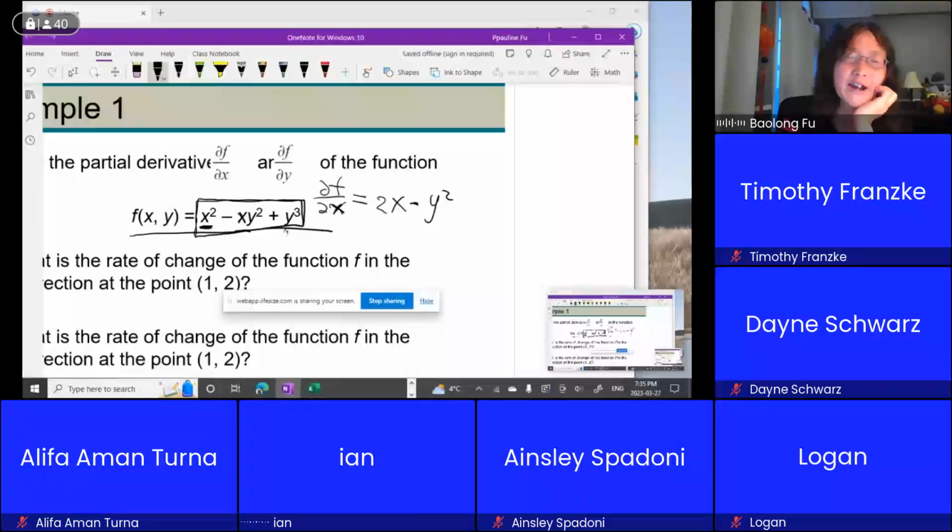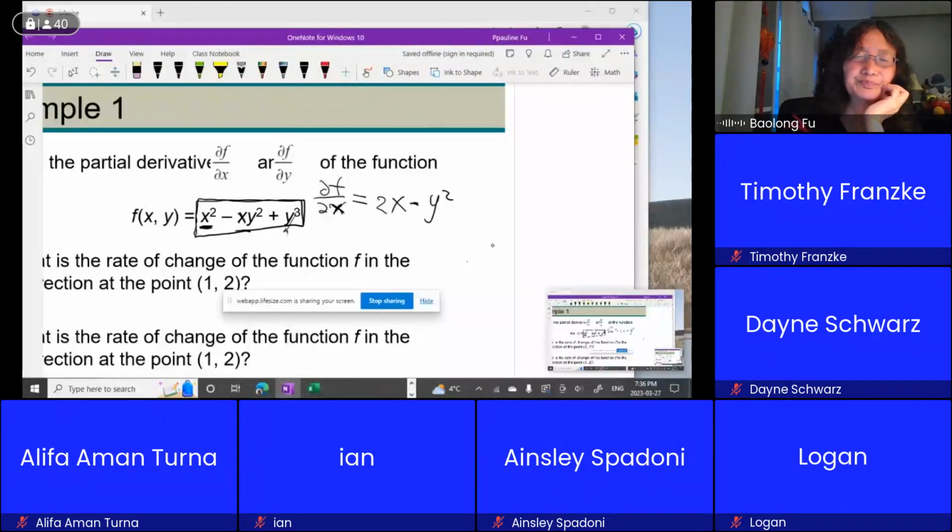If I rewrite this expression as x squared minus x b squared plus b cubed, where b is constant, and take the derivative of this function, you get 2x minus b squared. It is like y squared, and this is constant. The derivative of a constant is 0. That makes sense. Okay, thank you.